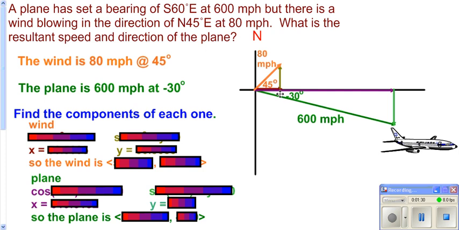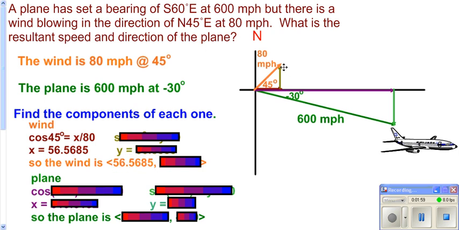So let's look at our wind. We want to figure out this horizontal side right here, which is x. You know your hypotenuse is 80. So that's cosine because it's adjacent and hypotenuse. So you go cosine of your angle equals adjacent over hypotenuse, and you get the horizontal component of your wind to be 56 something. So when you're writing it in standard form, you're going to put that number here to begin with.